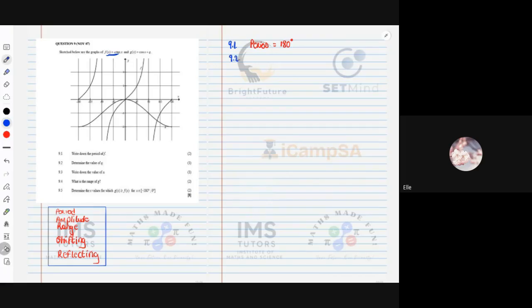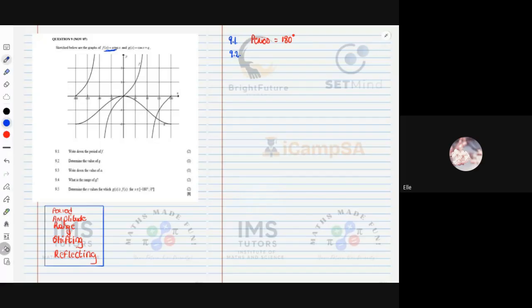Determine the value of q for the cosine function. You can see with the cosine function here that it has been shifted down. It has been shifted down by what seems to be 1 unit, because normally the cosine function starts at 1.